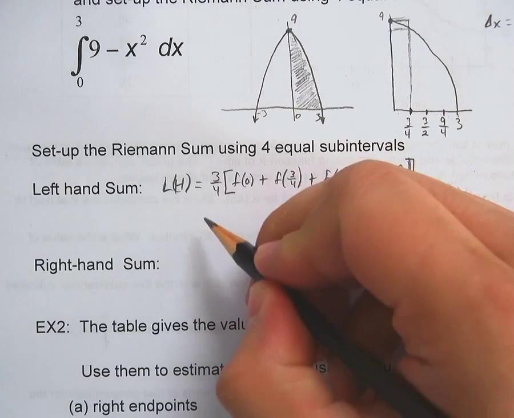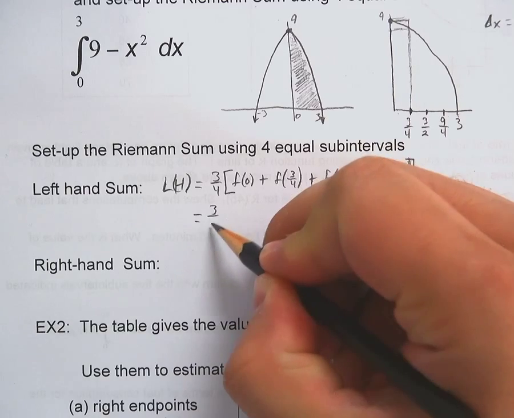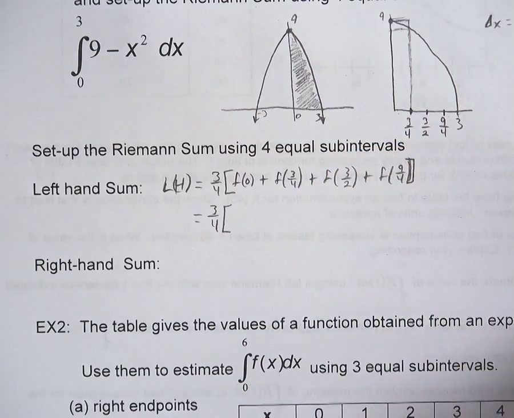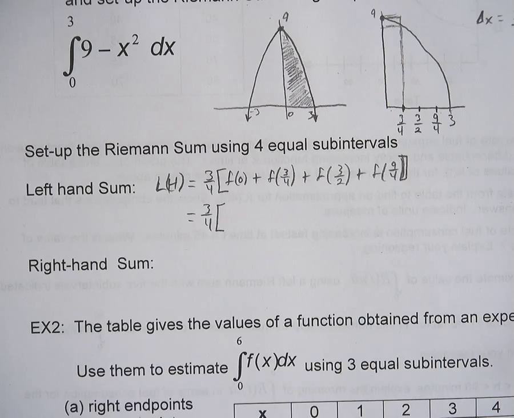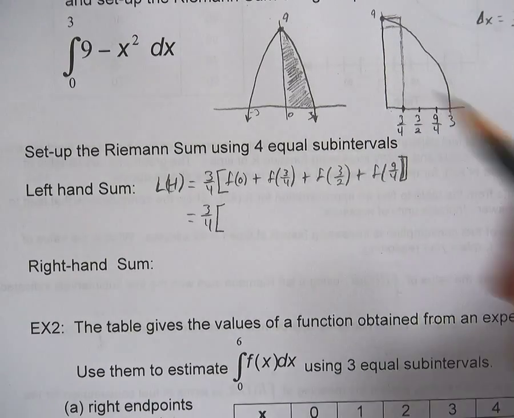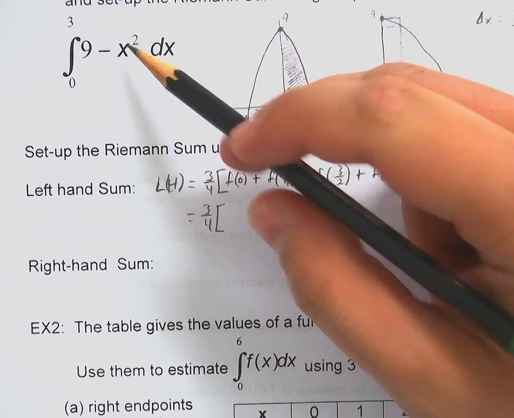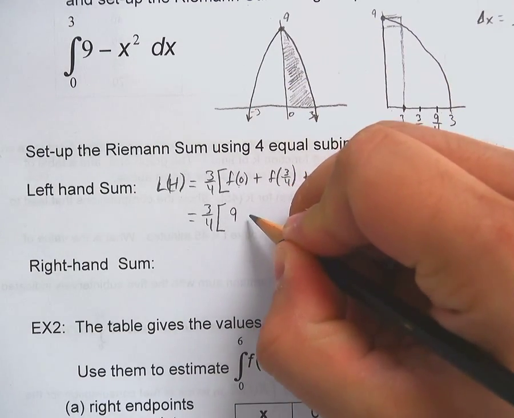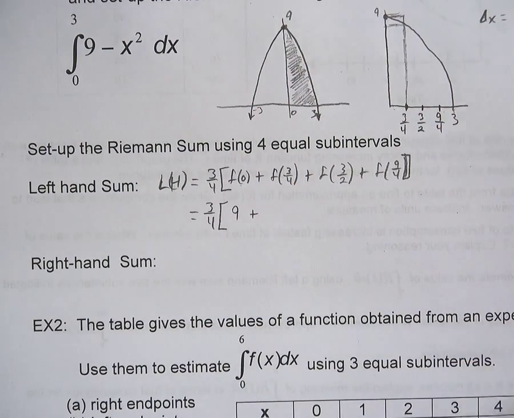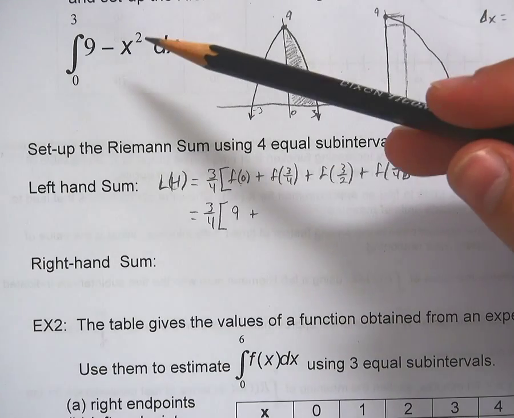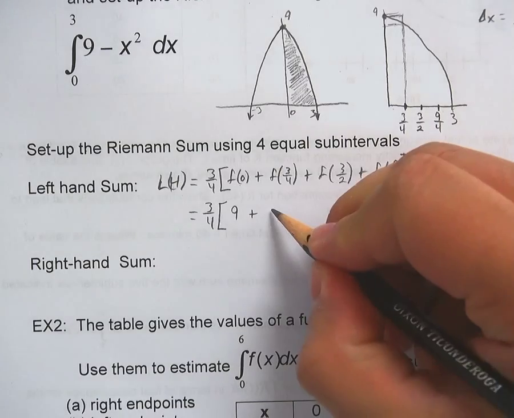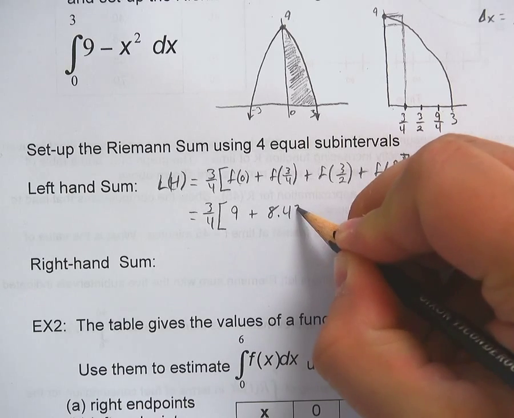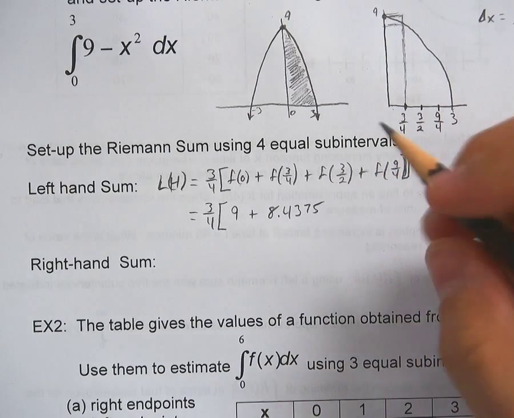Now I have a handy-dandy calculator here, so I'm going to use it, just for the sake of time. Trust me on these. This one's going to take a while anyway. You plug a 0 in here, you're going to get 9. Plus, and if you want to go back and actually enter in 3/4 up here, you're welcome to do that. I'm just going to use a decimal approximation here: 8.4375.